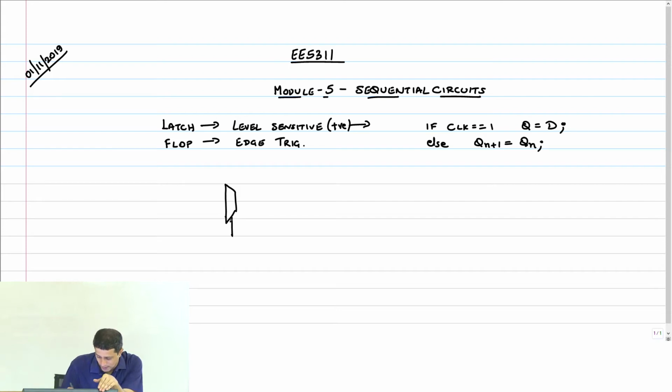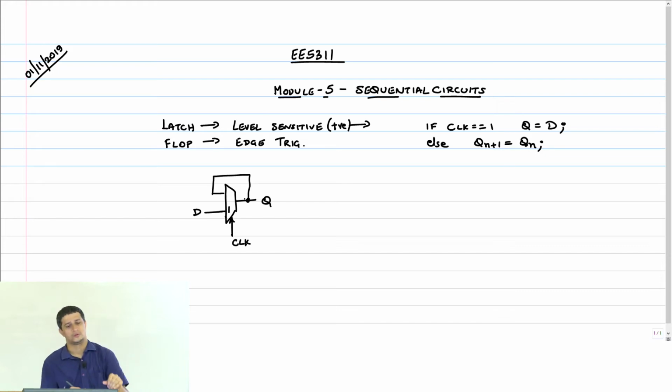We can implement this very easily with a multiplexer, and if you want a positive latch, you have to allow D to go through when clock is 1. And this is 0.